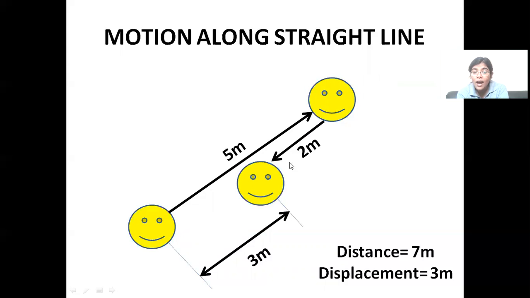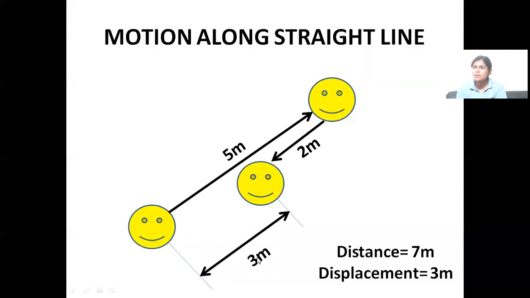So now I am closer to my first location. So if I use my first location, this, as my reference point, I have covered a distance of 5 plus 2, that is 7 meters. But what's my displacement? It's just 3.